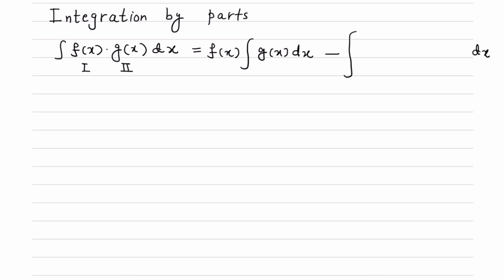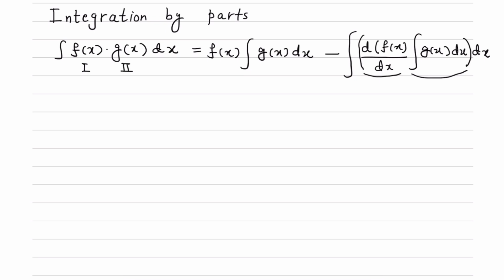Inside here, you find the derivative of the first function and the integration of the second function, multiply this derivative and this integration answer together and integrate it once again with respect to x.